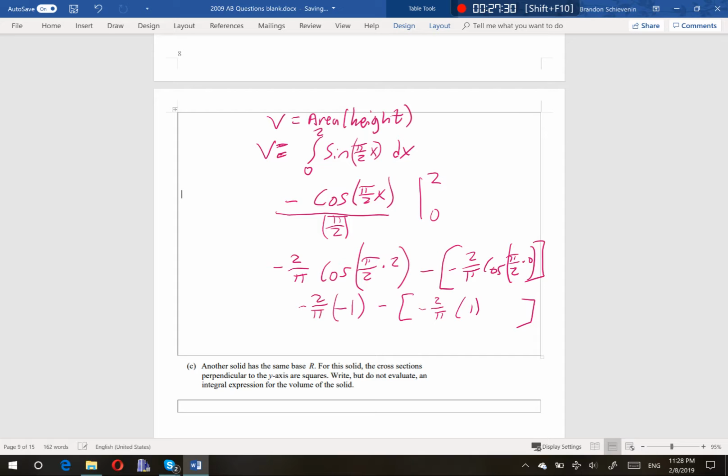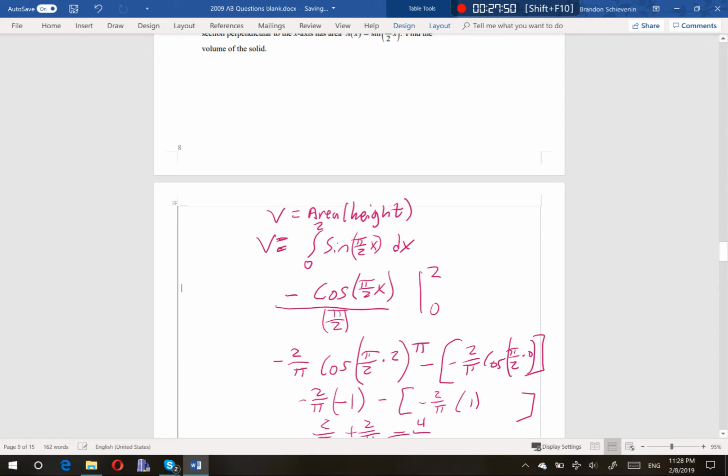So I have negative times a negative is a positive, so this is 2 over pi. A negative times a negative is another positive, plus 2 over pi. Should be equal to what? 4 over pi. Okay, any questions on part B?